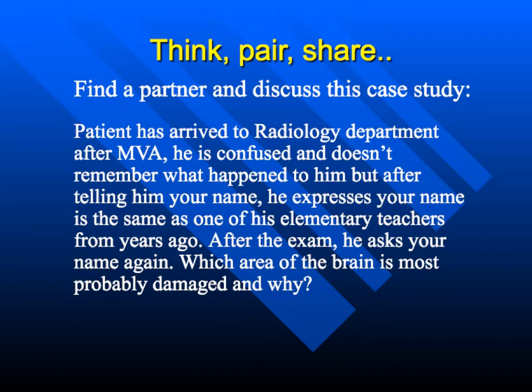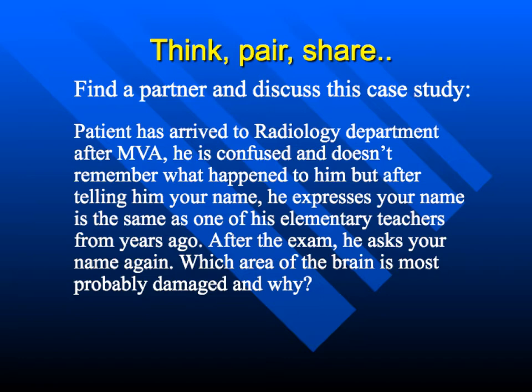Now let's think about this case study before I go into the rest of the brainstem. A patient comes to the radiology department after a motor vehicle accident. He's confused, doesn't remember what happened to him, but after you tell him your name, he says your name is the same as one of his elementary teachers from years ago.